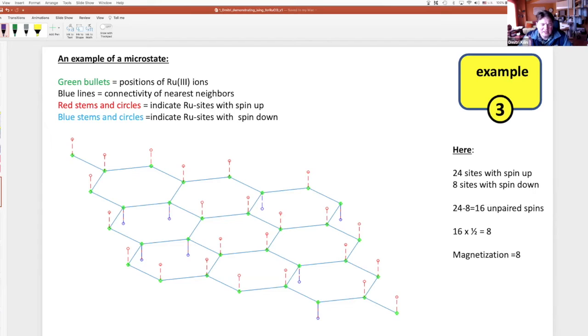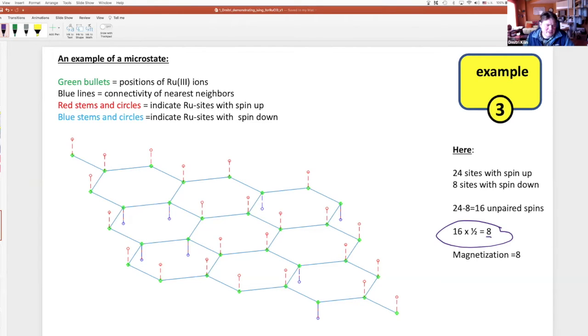If we randomly select for each spin to be up or down, it's a possible configuration. So here there are 24 red up, 8 blue down, and 16 of them are unpaired, which means if each of the unpaired spins has spin 1/2, then total magnetization will be 8 times the gyromagnetic ratio.